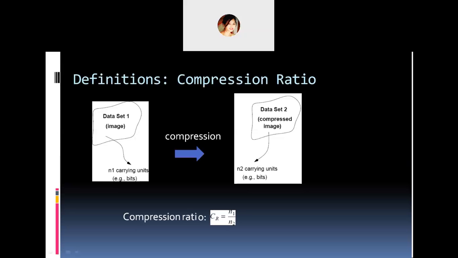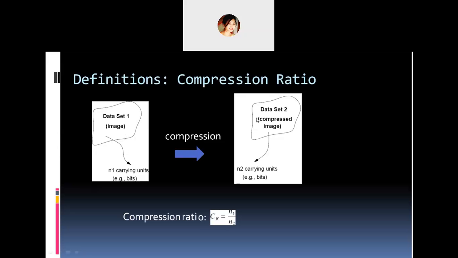Then, what is the compression ratio? Suppose you can see two figures here: data set 1 and data set 2. Data set 1 comprises the original image, and data set 2 comprises the compressed image, that is, the original image after performing compression.